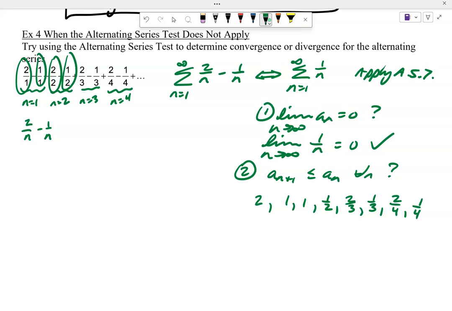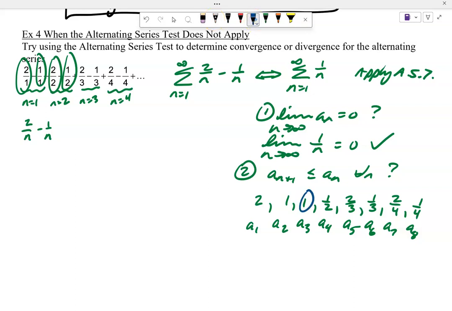I got 1/4. So is the next one less than or equal to the prior one? So is 1 less than or equal to 2? Yes. Right. This is the first term, second term, third term, fourth term, and so on. So yeah, that's true for those two.